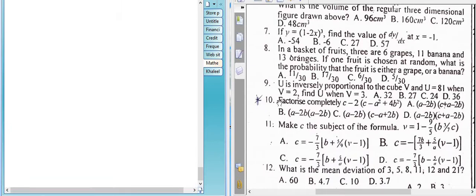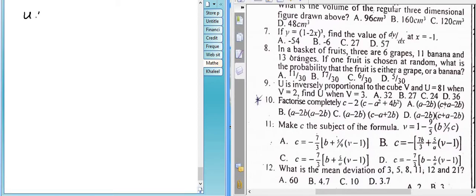Then question number 9 says, if U is inversely proportional to the cube of B, then U is equal to 81 when B is equal to 2. Find U when B is equal to 3. So the question is given as U is inversely proportional to the cube of B, that's B cube.